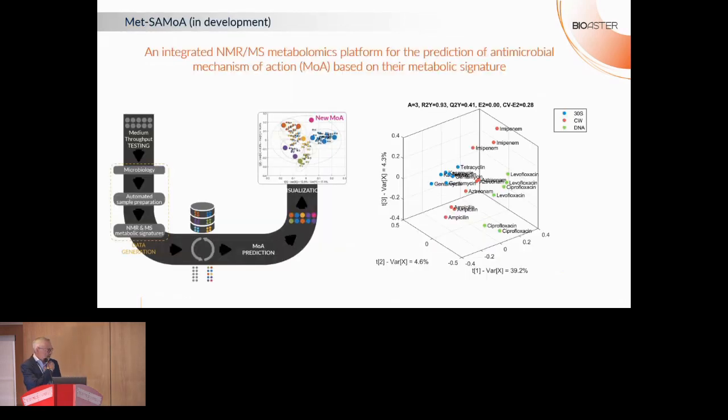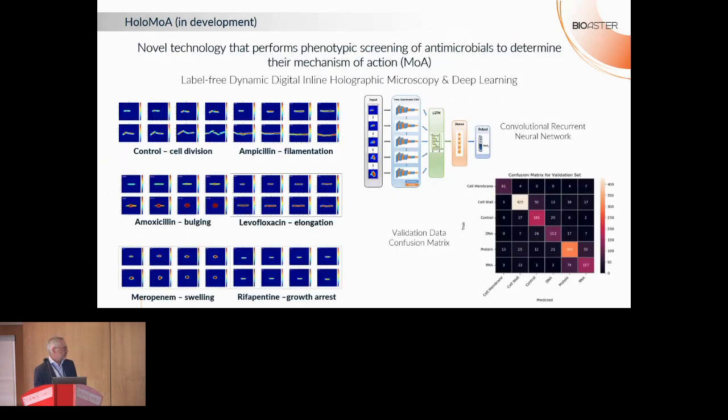At Bioaster, we're developing new techniques based on shotgun metabolomics, where you can see that certain key metabolites change in production on exposure to antibiotics, and the resistant organisms have a characteristic pattern different from the susceptible organisms. And so you can diagnose AMR, and this pathway takes about 8 hours compared to at least 24 hours for more conventional techniques.